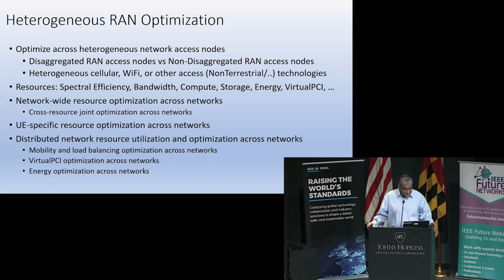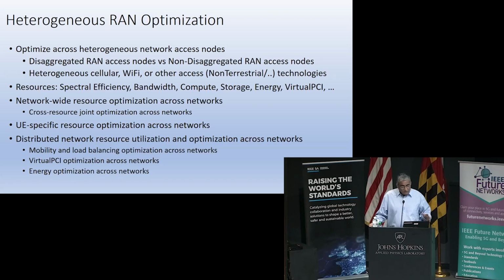We could have disaggregated RAN access nodes versus non-disaggregated as well, and heterogeneous across technologies. We could think about combining and optimizing different types of resources: spectral efficiency, bandwidth, compute, storage, energy, virtual support for a virtual PCI, which would start extending the identifiers across all available nodes, and then do a network-wide resource optimization.